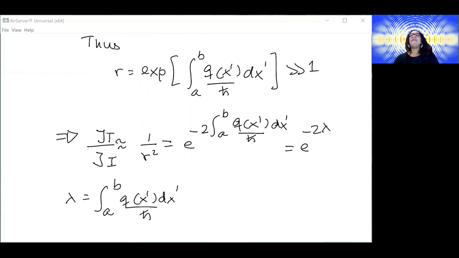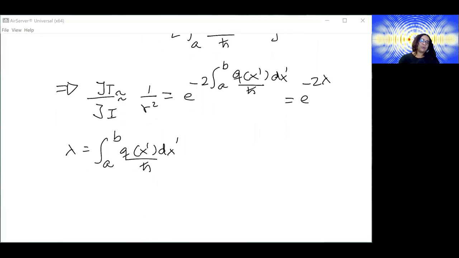This is a very important formula, because what you can see is that there is a probability that this tunneling happens, and this is proportional to the width of the barrier.